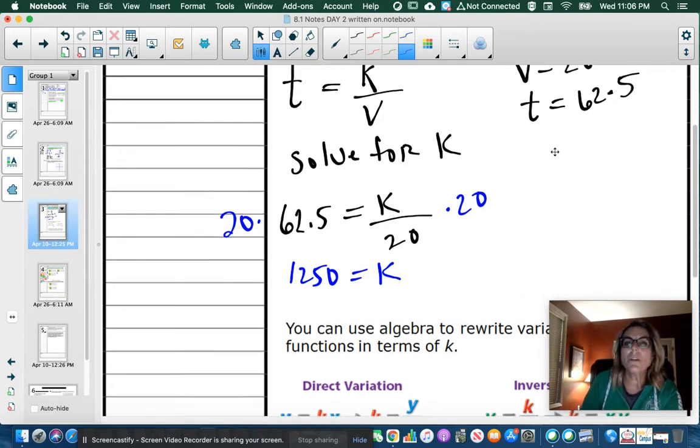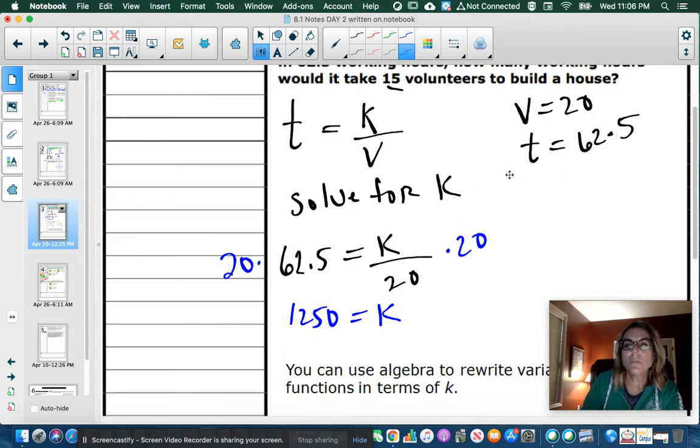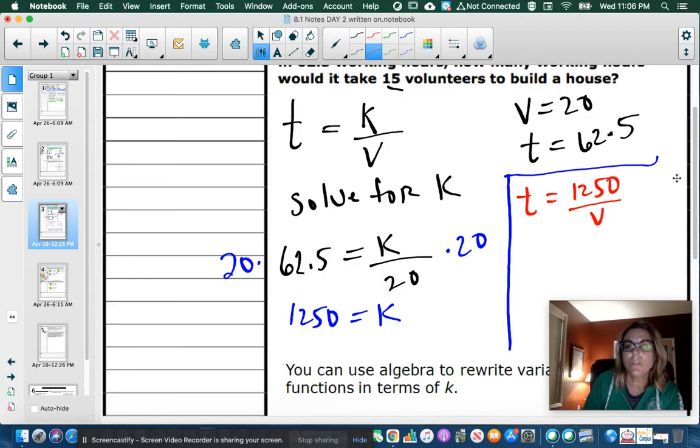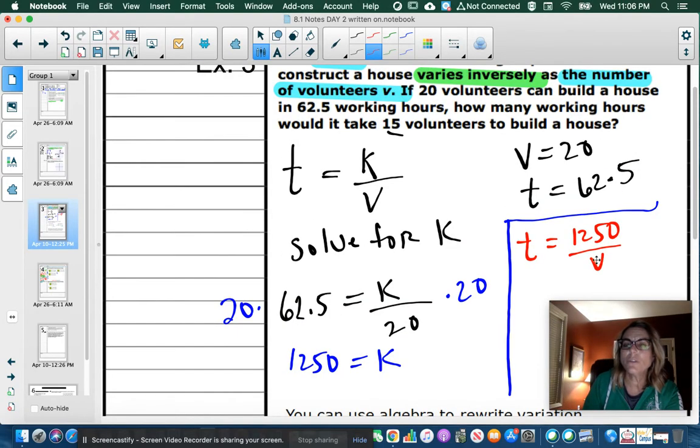So now our equation is t is equal to k over v. And now I'm going to answer the question. We're going to use this inverse relationship to determine how many hours it is going to take to build a house with 15 volunteers.